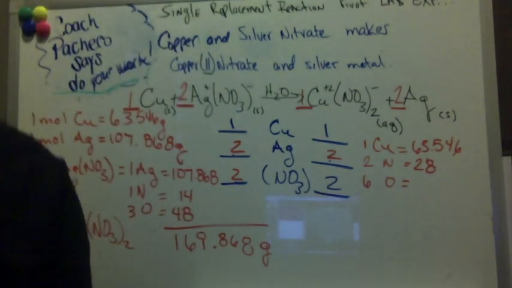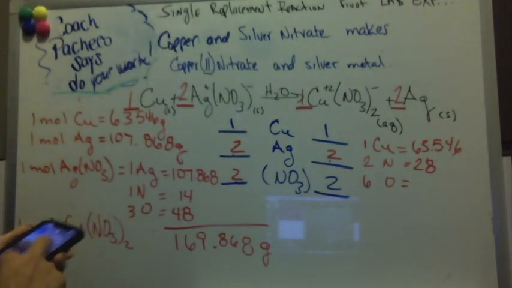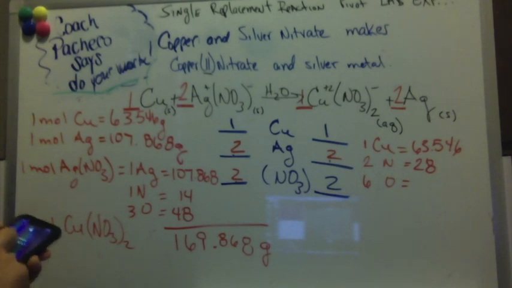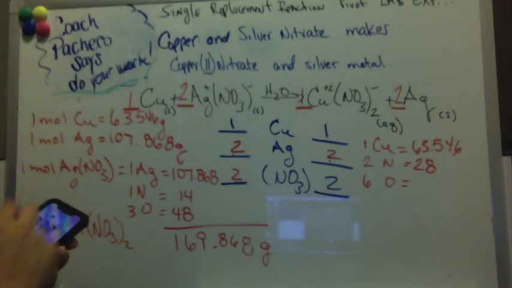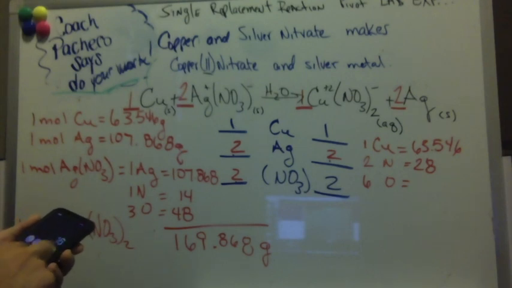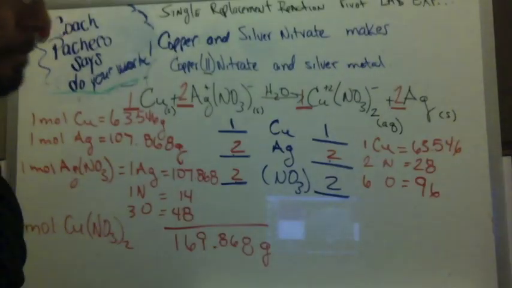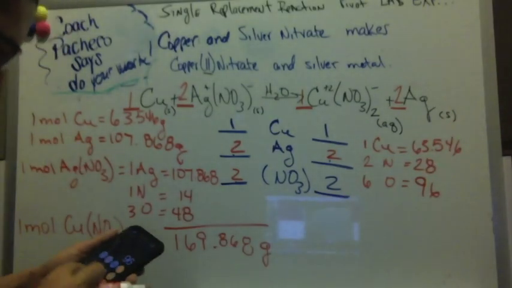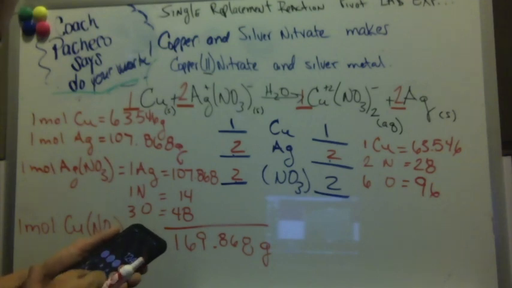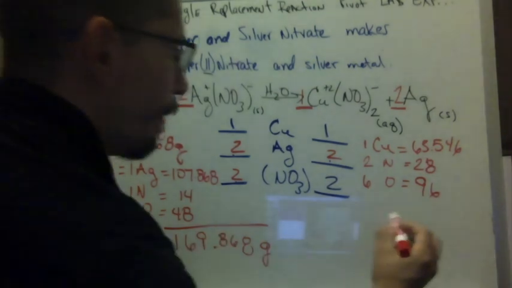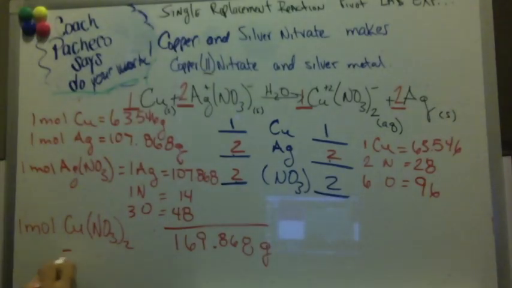And then now we have the issue with 6 oxygens. So we're going to do 16 times 6, and I believe that's going to be 72. 96, excuse me. 96. Add it all together. And the molar mass of copper nitrate is 187.546.